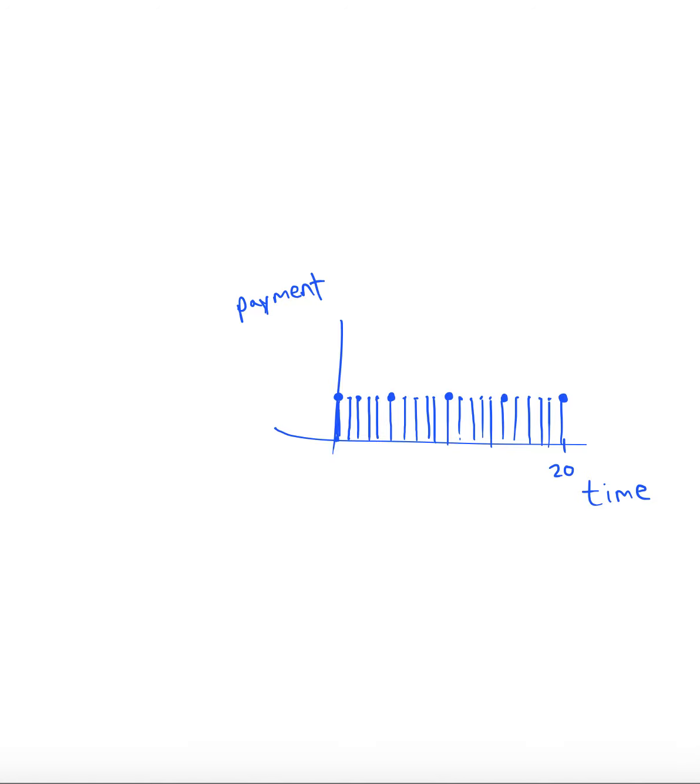How would we add something up like this? Well, an easy formula for it would just be the number of payments times the payment amount.